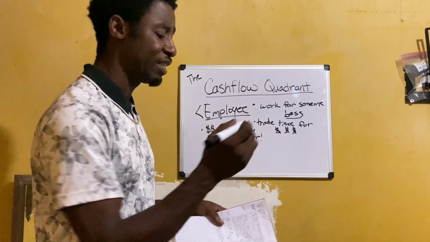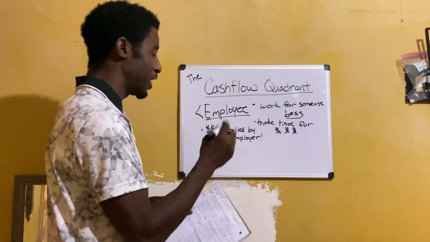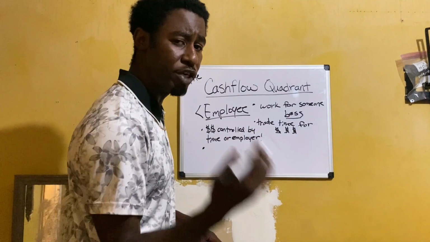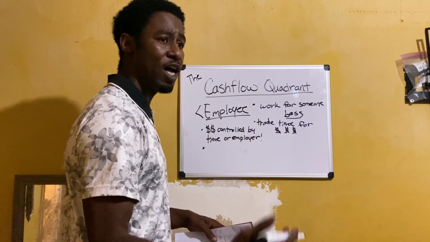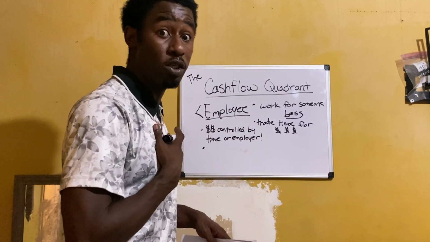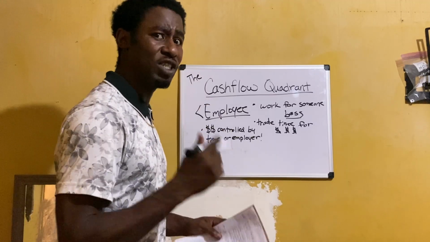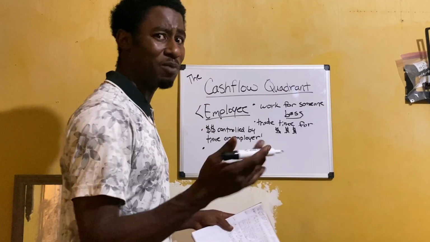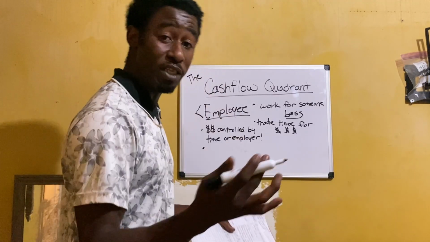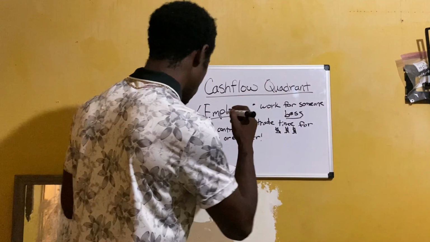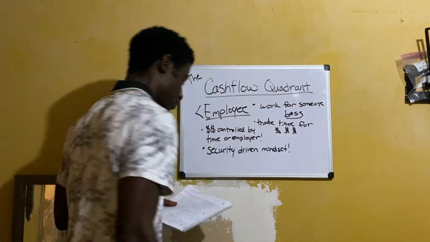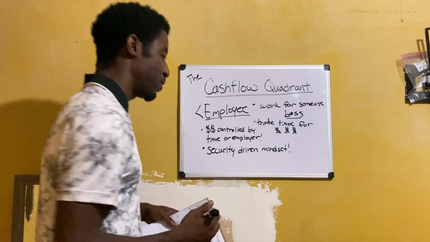And the last thing that really means you're an employee is the mindset: a security-driven mindset. Why do we have a job? That's security. Why do I still have a part-time job? That extra couple hundred every 2 weeks just for working a couple hours a week, that's stability, that's security. Steady jobs, steady benefits.